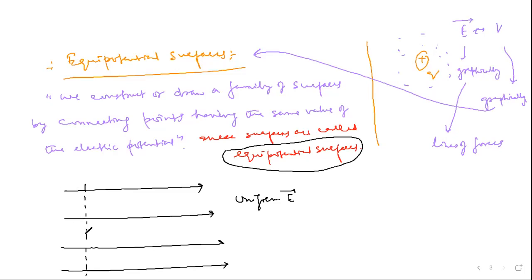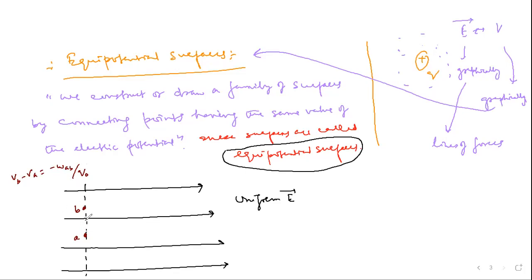See, I take 2 points. This is my point A, this is my point B. You know, VB minus VA is minus WAB by q naught. So if you have to find the potential difference between these 2 points, you have to take test charge, move it from point A to point B, calculate the work done by the field and substitute in this expression.